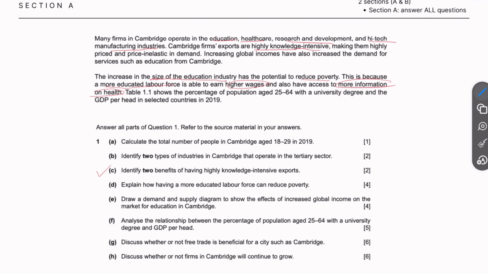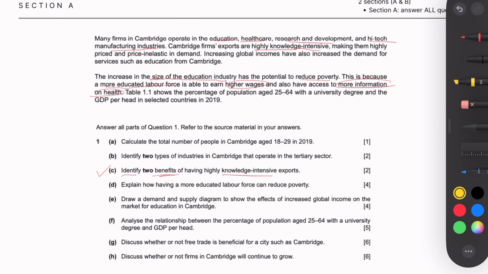So firstly, whenever you read the question, you should always underline the important keywords in each question. So for this question, it would be identify, and then maybe benefits, and then highly knowledge intensive. So when you look back, you can see that we actually also underlined knowledge intensive, like here.